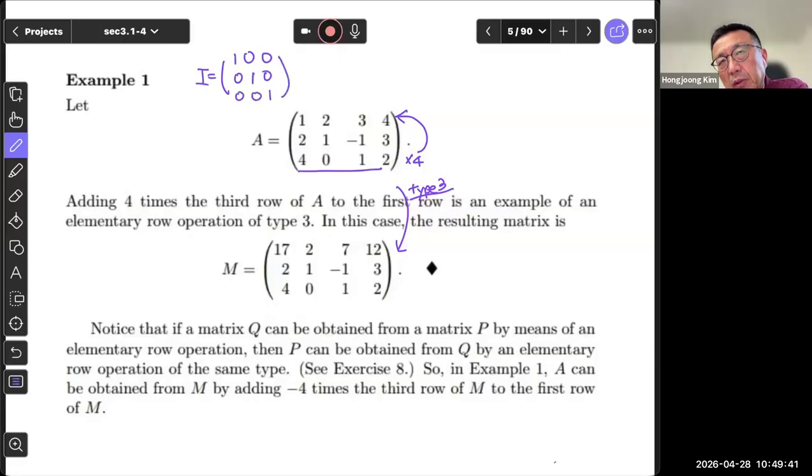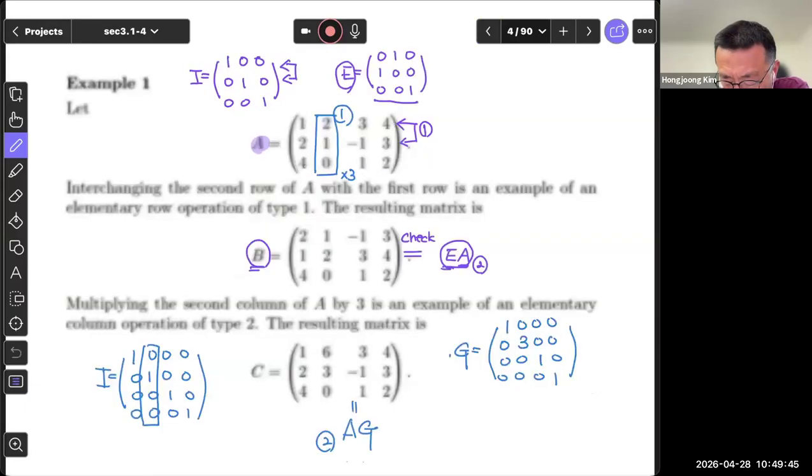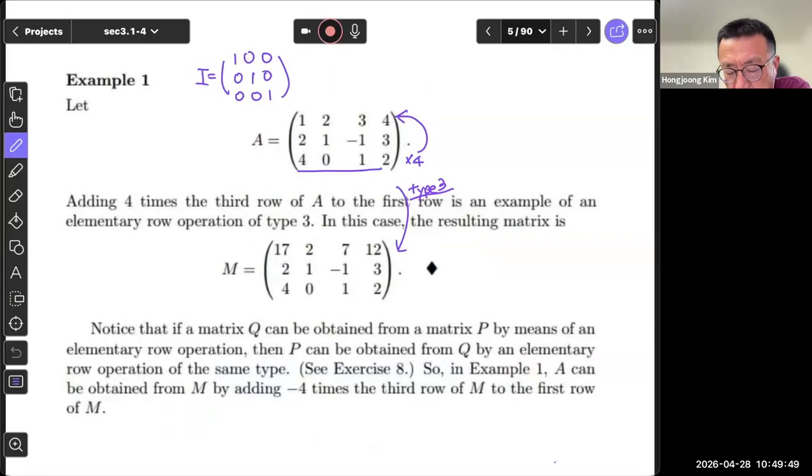Now, if I multiply 4 to the third row of the identity matrix and then add it to the first row, what do I get? Then we get 1, 0, 4, 0, 1, 0, 0, 0, 1.